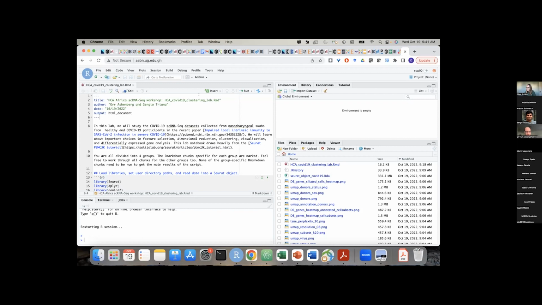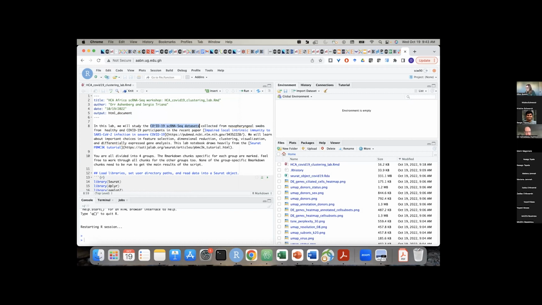Once you're in there, you can see what the lab is about, but I will tell you verbally. We're going to continue looking at the COVID-19 single cell RNA sequencing data set collected from nasopharyngeal swabs from healthy and COVID-19 participants. Sergio just talked about that publication from his group, and Daniel and Daniela used that in the lab yesterday.